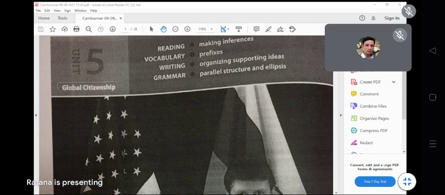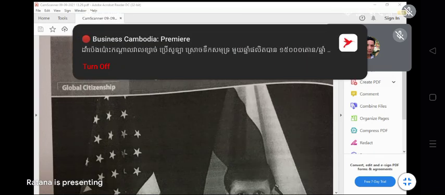For example, if your thesis statement has two or three points, you separate them into two or three paragraphs to clarify and explain your idea in each paragraph.